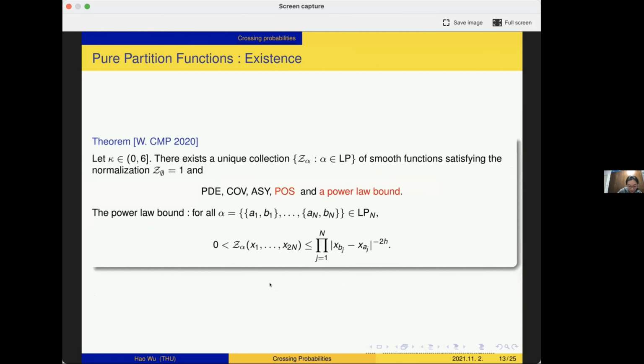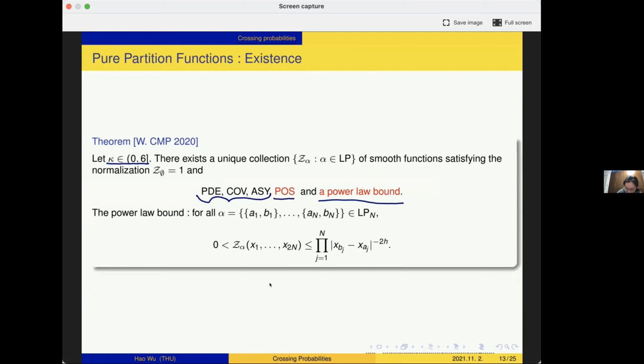And precisely in the last work, we proved a conclusion like this. For kappa between 0 and 6, we proved that there exists a unique collection of smooth functions satisfying the required 3 properties. Besides, we also proved that the functions we constructed also have 2 extra properties.